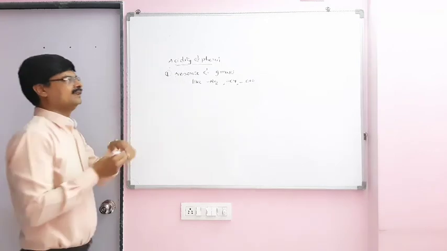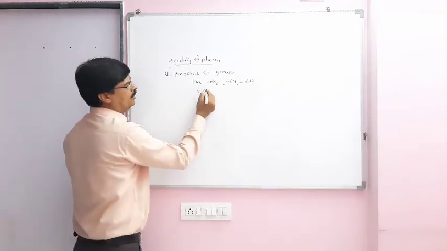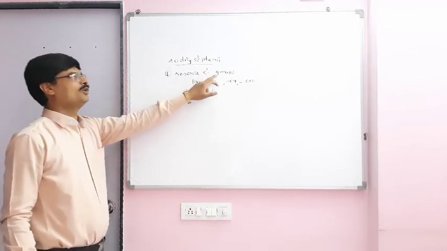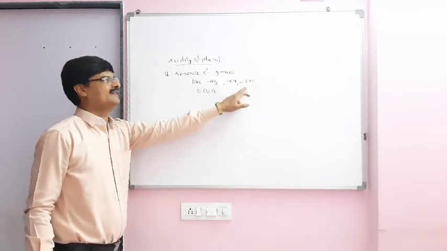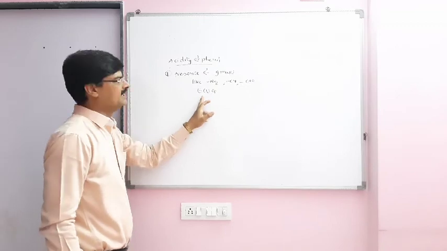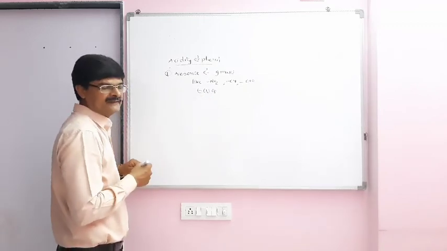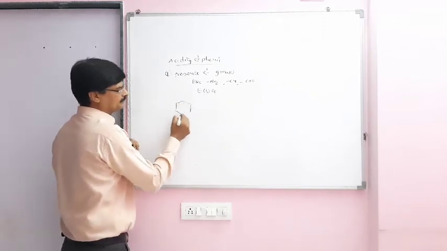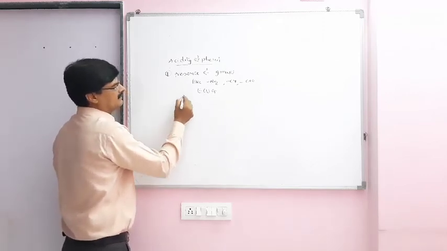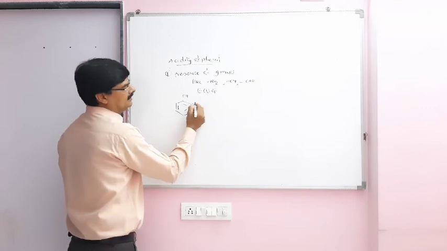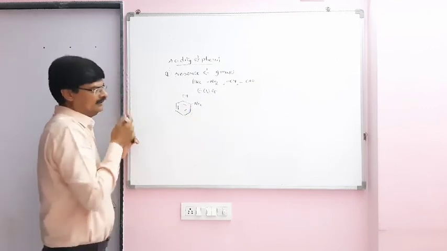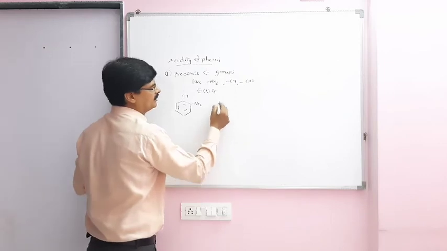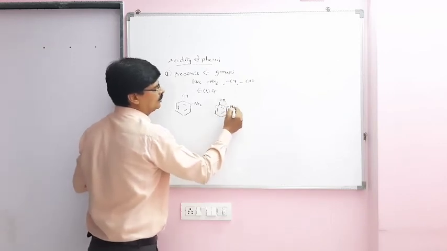These groups are electron withdrawing groups, that is EWG. Because of the presence of them, let's consider the example of phenol OH with 1 nitro group, and phenol with 2 nitro groups.